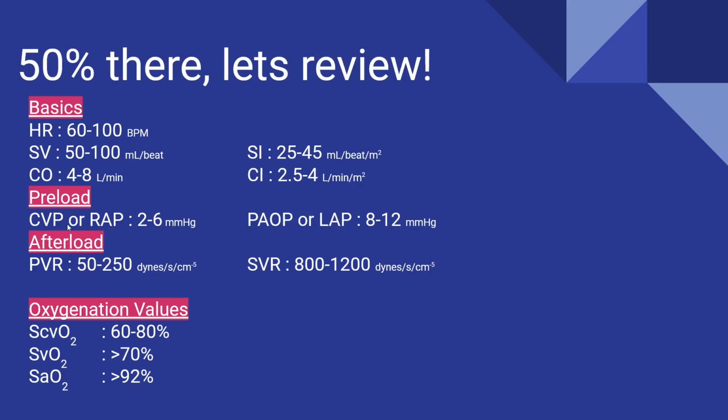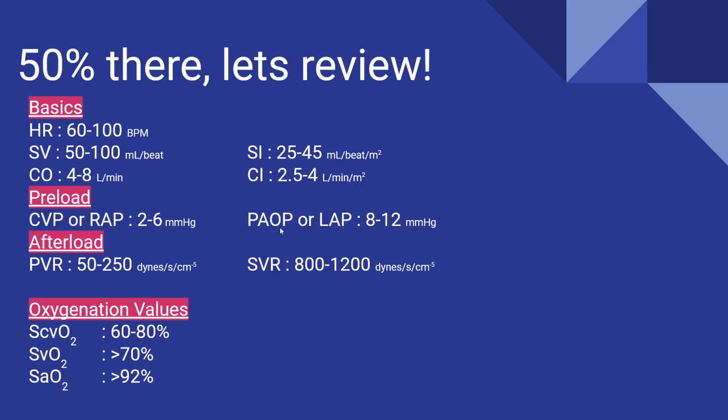And then we can check how much preload we have, how much volume is about to go into the right ventricle, with a CVP. You may also see it on the exam as right atrial pressure. Instead of CVP, it might say the right atrial pressure is 2 to 6. And the same with the left atrial pressure.